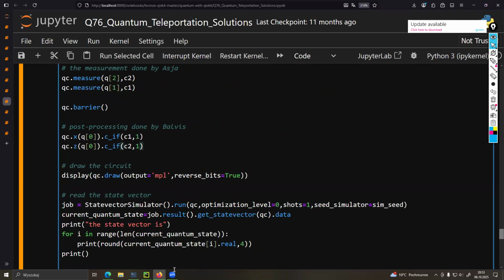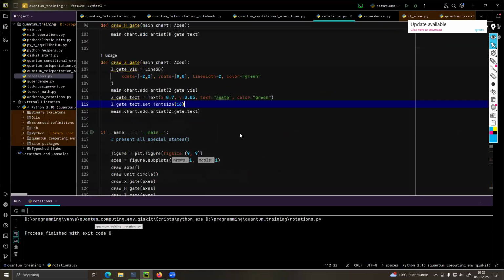So that's the last thing that we will do. There is yet another thing that I discovered yesterday when I was testing these.